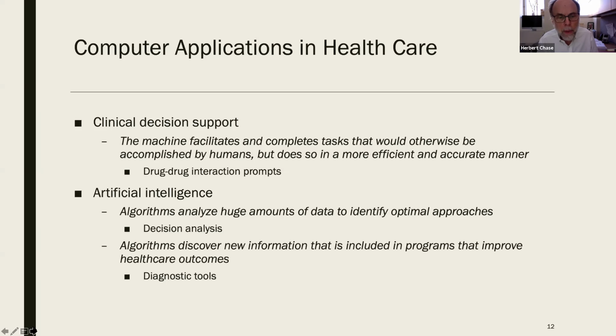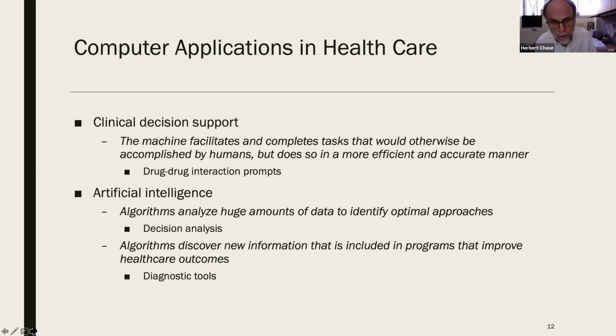AI, I think by definition, means that the algorithm or the machine is actually coming up with a new piece of information, or it's accomplishing a task that's not accomplishable by a human. As I mentioned, we're going to talk about, again, decision analysis.